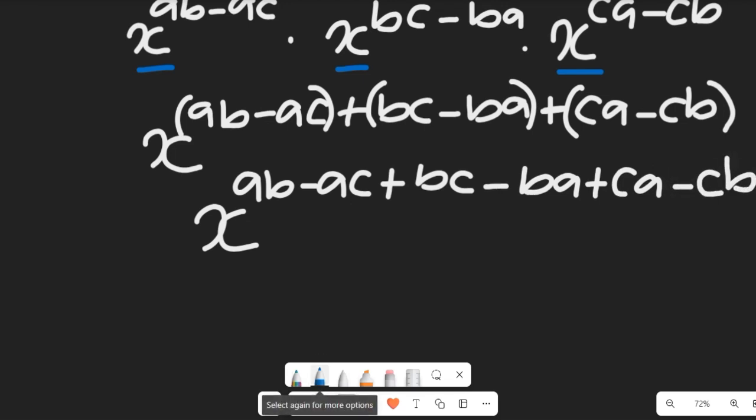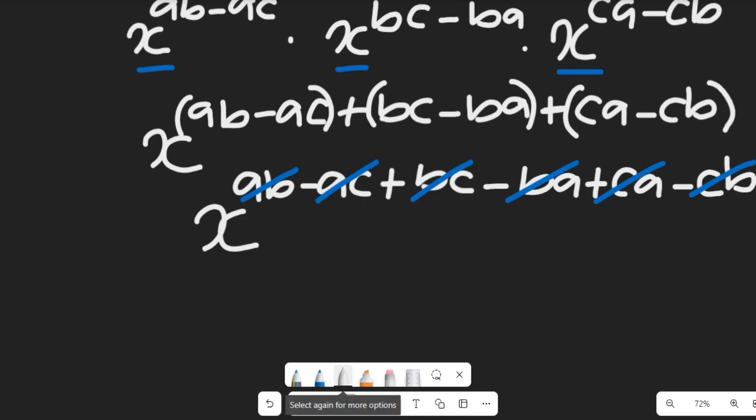Now we're going to simplify. From this expression, you can see that ab will cancel out ab, right? ac will cancel out ac, right? And then bc will cancel out bc.